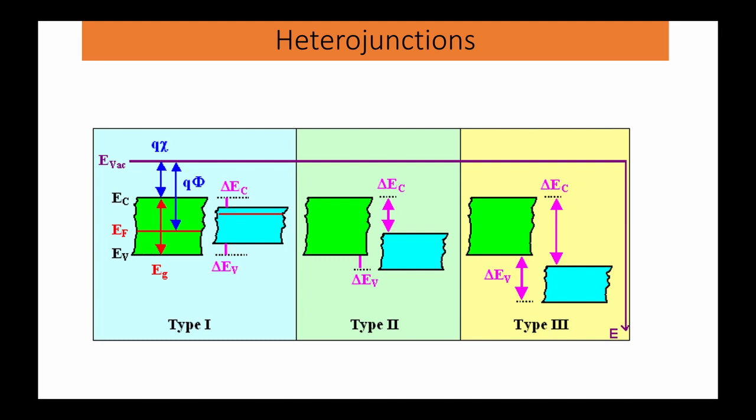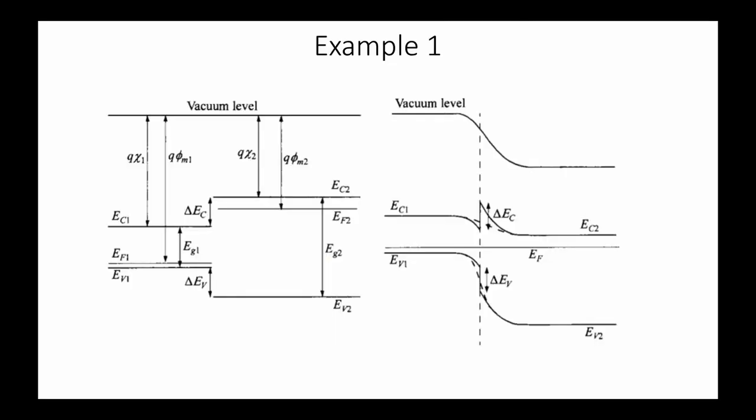Now let us take one example of a type 1 heterojunction. This is an n type semiconductor which has a very small band gap, and this is a p type semiconductor, a wide band gap semiconductor.